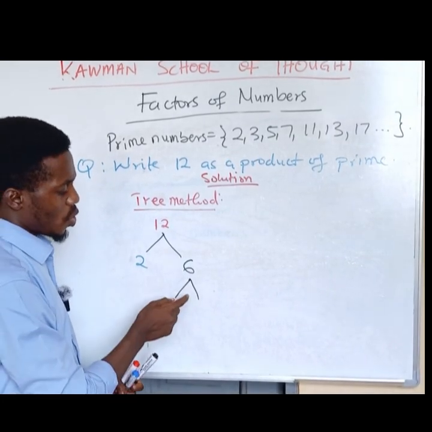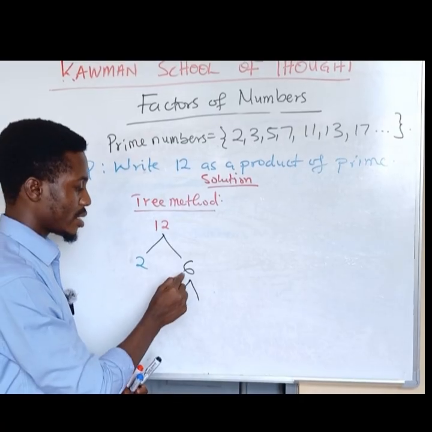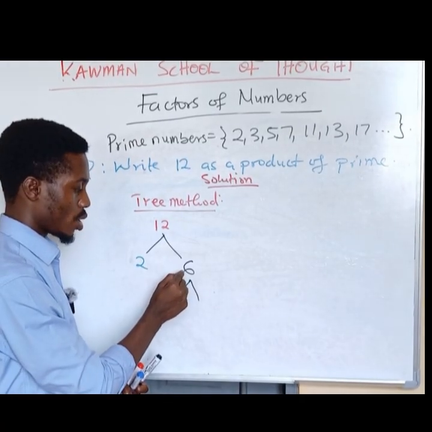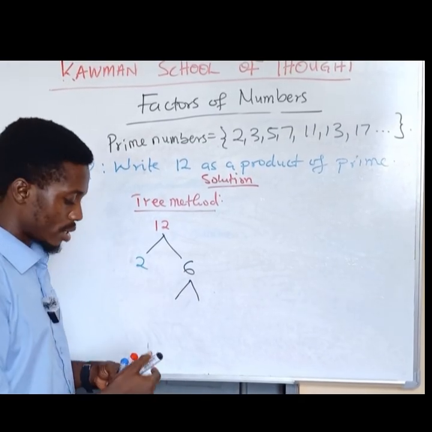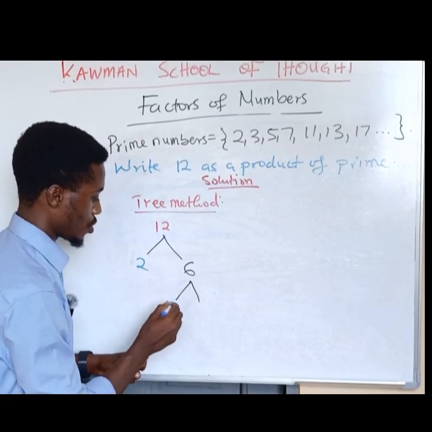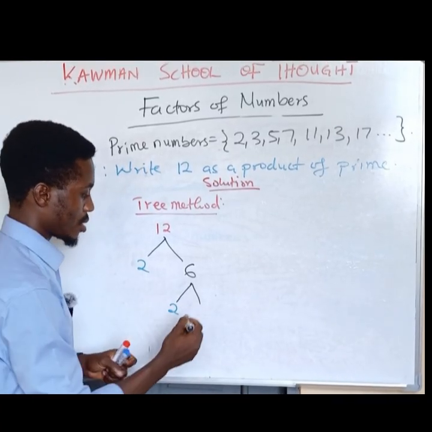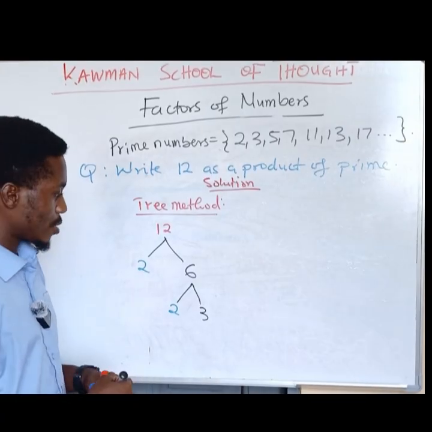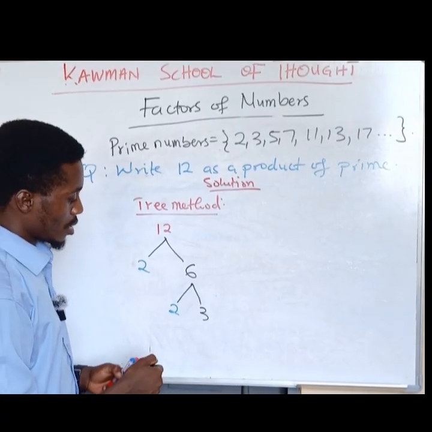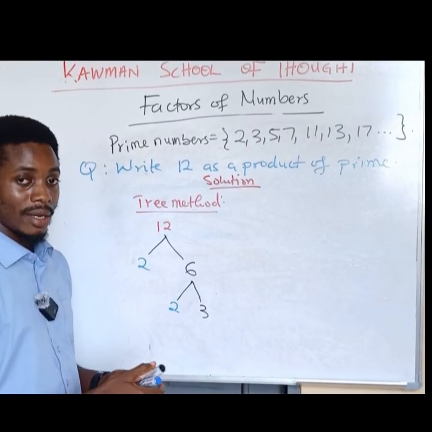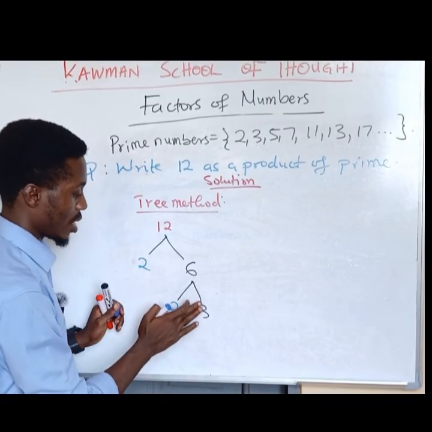What prime number would divide this 6? 2, right? So 2 times what gives you 6? 2 times 3. This 3 is also a prime number, so we just leave our answer like that.